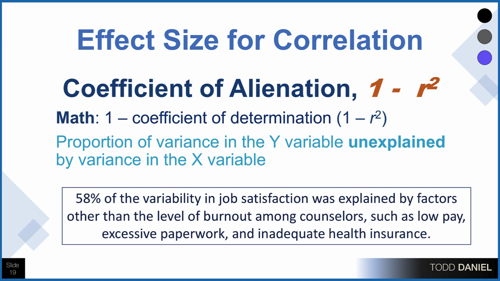And returning to that previous example, 58% of the variability in job satisfaction was explained by factors other than the level of burnout among counselors, such as low pay, excessive paperwork, and inadequate health insurance. By squaring the correlation coefficient, we can now measure the amount of predictive ability of x on y. The coefficient of alienation tells us what is left unpredicted.